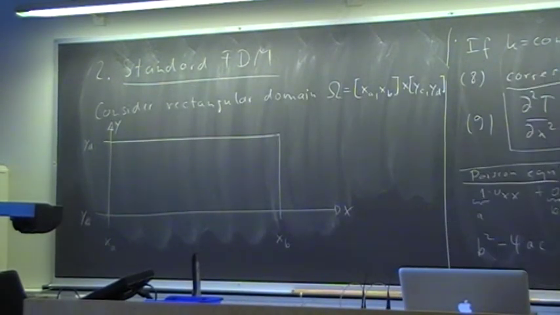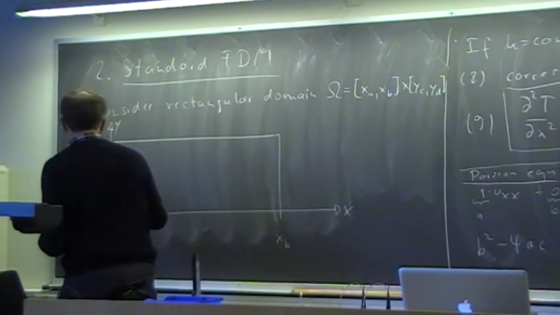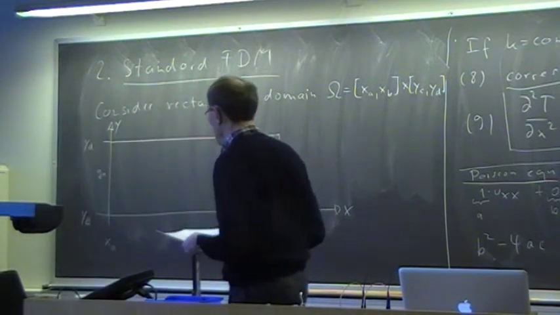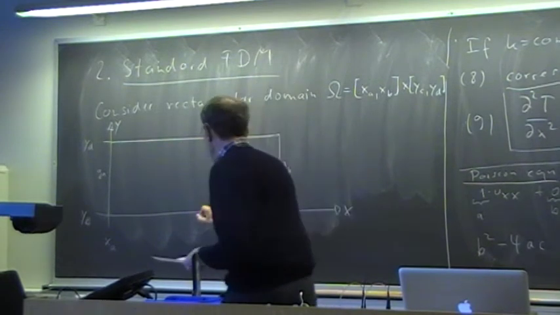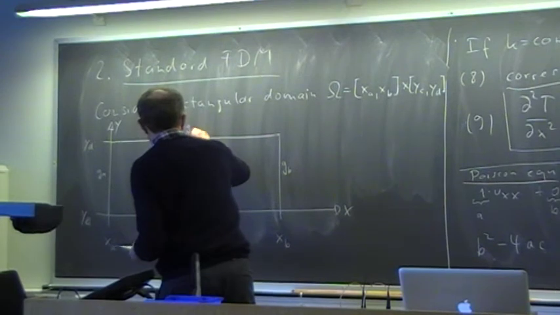For the discussion, we shall assume Dirichlet boundary conditions. So that means we shall assume that we have at the left boundary given g, called gA, the right gB, at the lower gC, the upper gD.